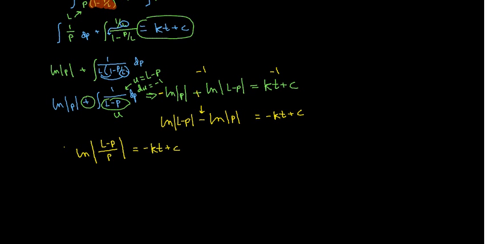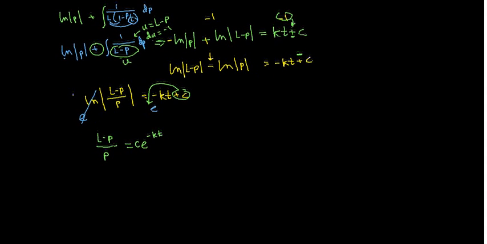Now we can take e to both sides, so that you're left with L minus P over P is equal to e. I guess technically if we multiplied this by -1, that should be minus, shouldn't it? So should that one. It doesn't matter too much because that c is just a constant. It's going to be coming down here anyway, so I'll put that there right now. e to the negative kt.